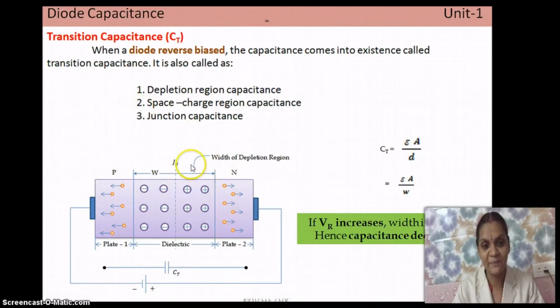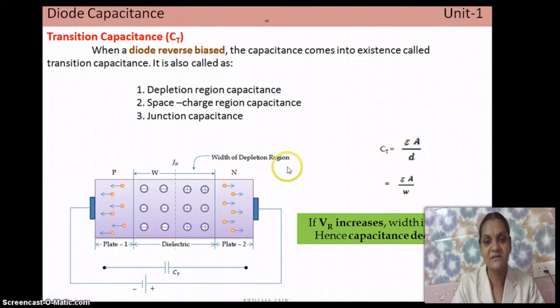This capacitance existing under reverse bias is called transition capacitance. It is given by the capacitance formula CT equals epsilon into A by D, where D is the distance between the two plates. The distance between plate 1 and plate 2 is W, so I am replacing D by W in the next equation.